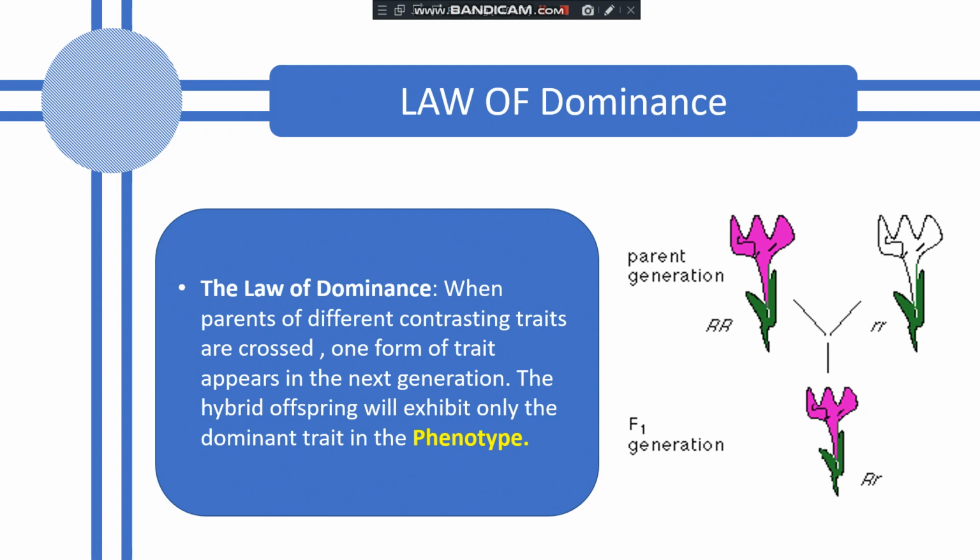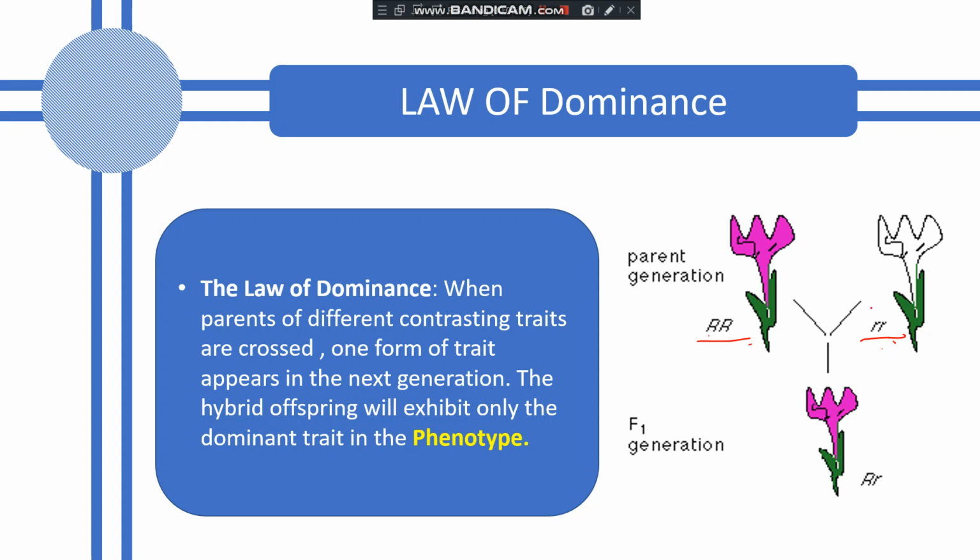Like you can see here, students, this is the parent generation, which has two different contrasting traits. It is the red color or the white color, two different color flowers.